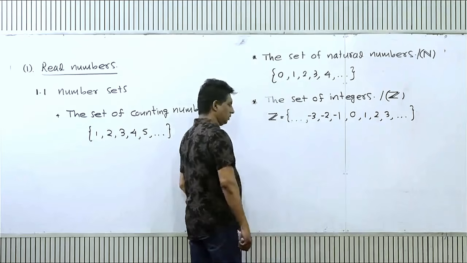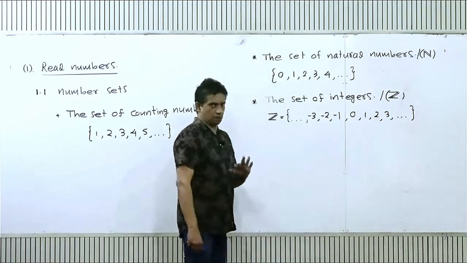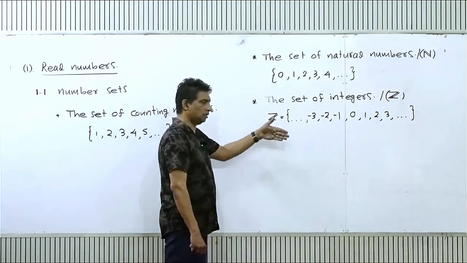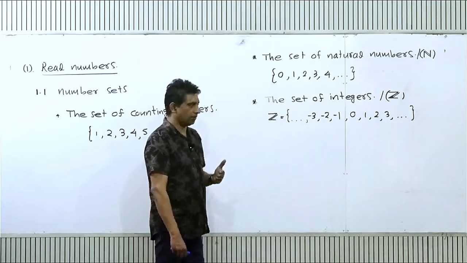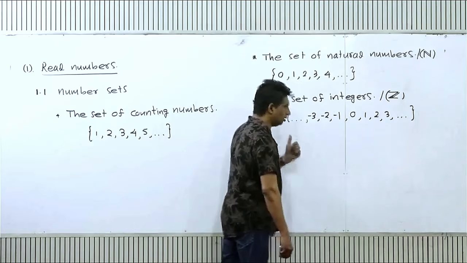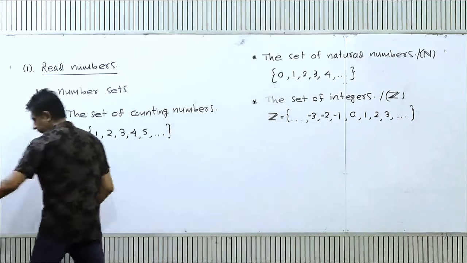For that case, we have to take four types of subsets. By using this integer set, we can create four types of subset. Now we have to study what the four types of subset are. Right? This is the first one.